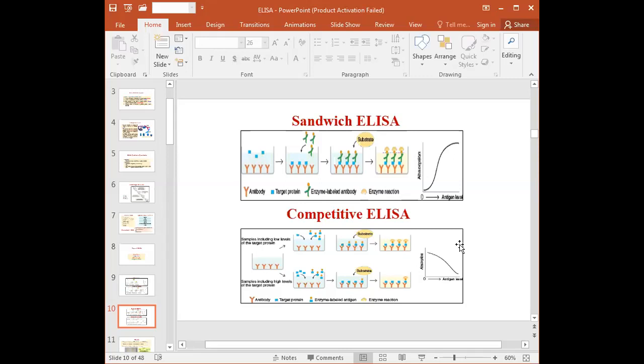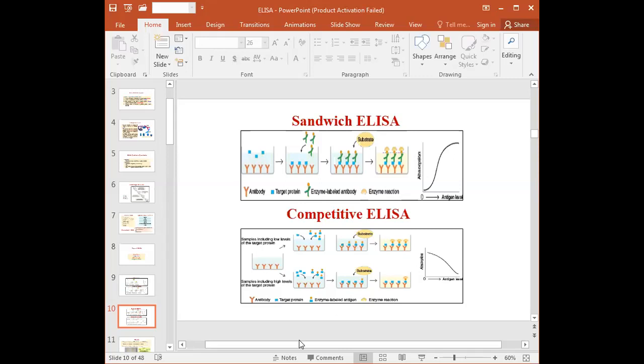Then we add the substrate and allow it to interact, with 5 minutes of incubation time, and then we check after adding the blocking buffer to stop the reaction. Then we will see a similar data pattern: the lowest concentration of antigen will show low absorption, and the highest concentration of antigen will show high absorption.